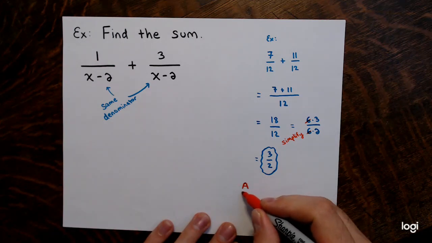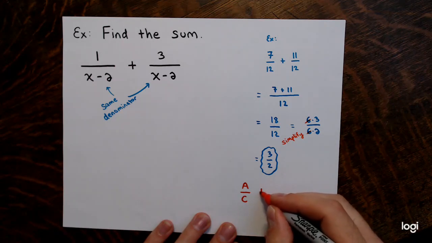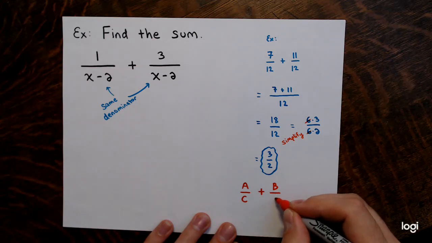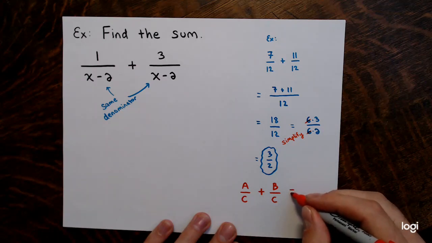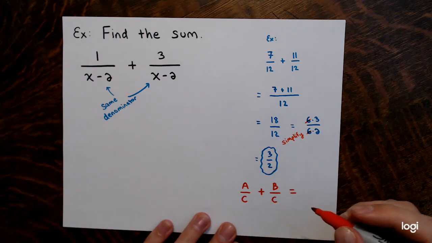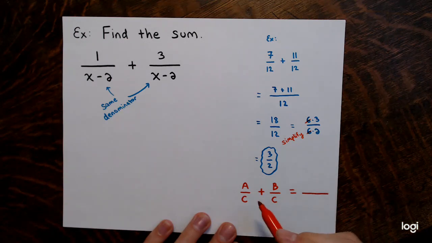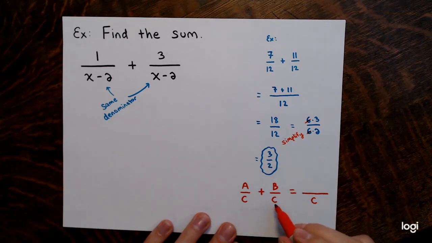If I have a fraction a over c, and I add to that another fraction b over c, or b divided by c, and they have the same denominator, we can put these together. You can add these. And the resulting sum will be over c as well. So the denominator does not change when you add.